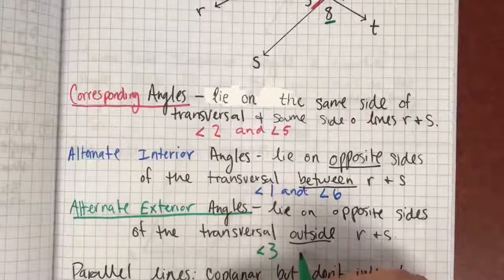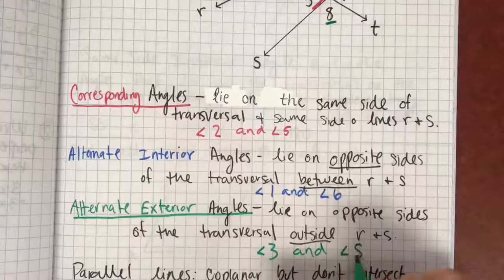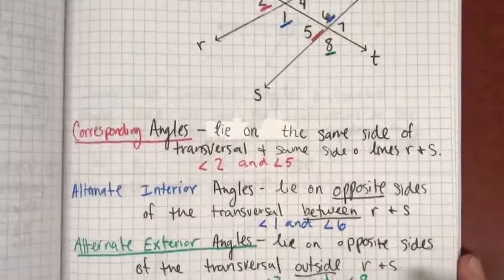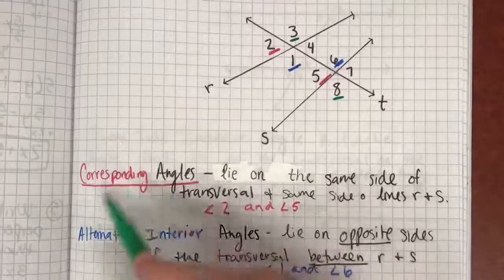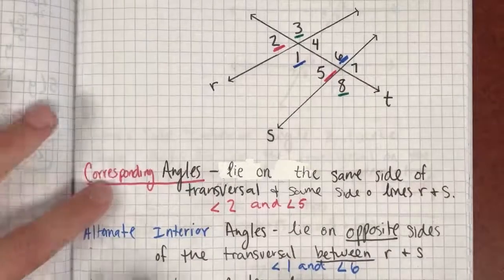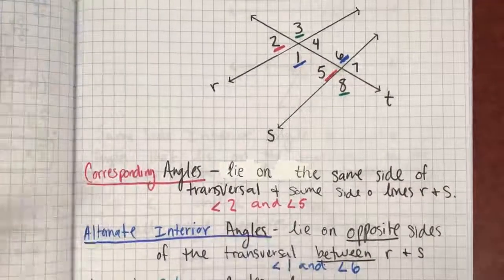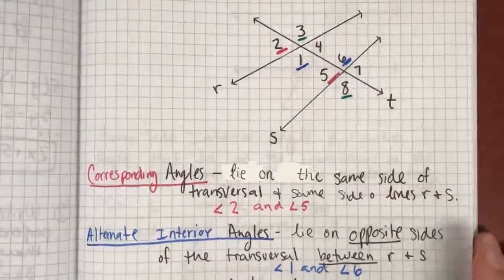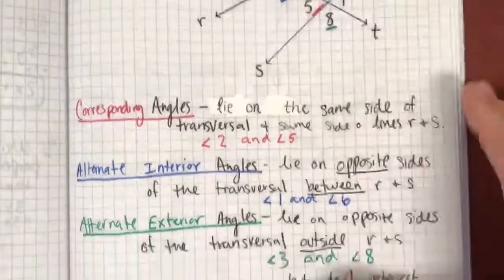So angle 3 and angle 8. Now there are lots of different examples for corresponding angles, alternate interior angles, and alternate exterior angles. I just gave you one example.